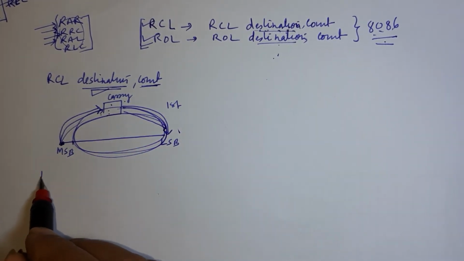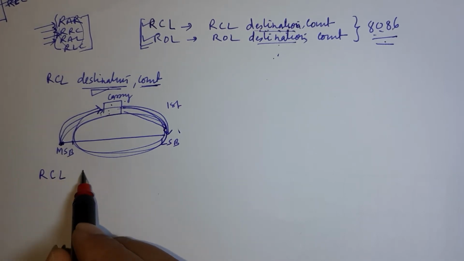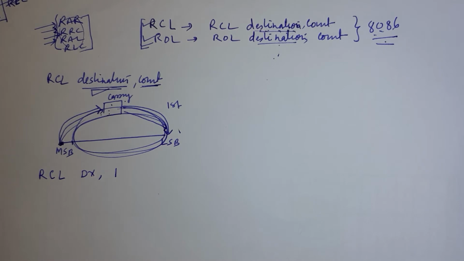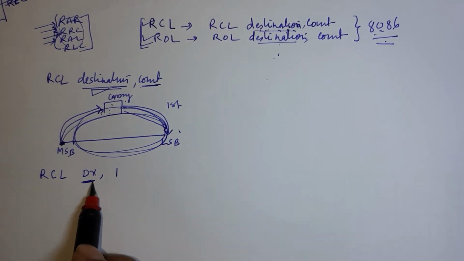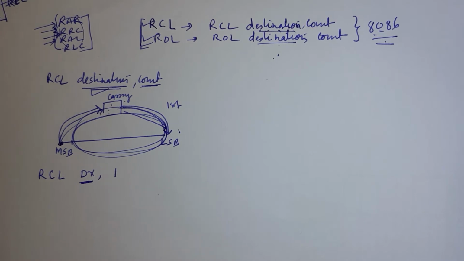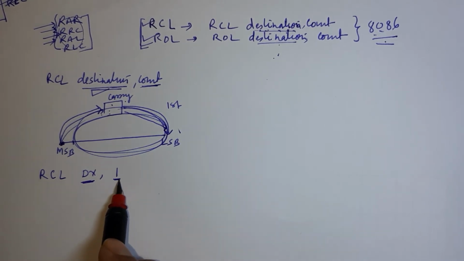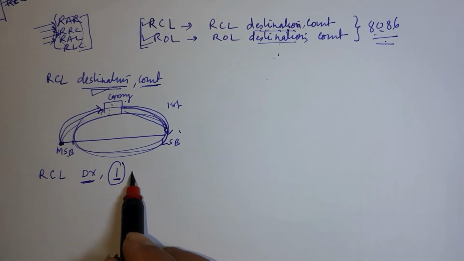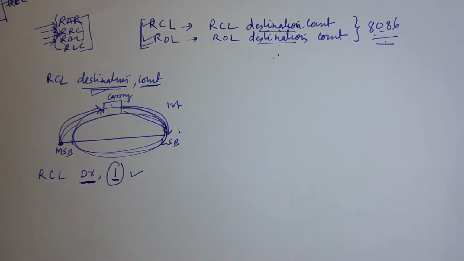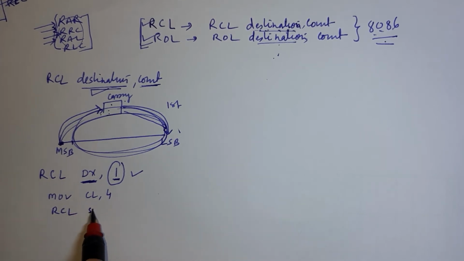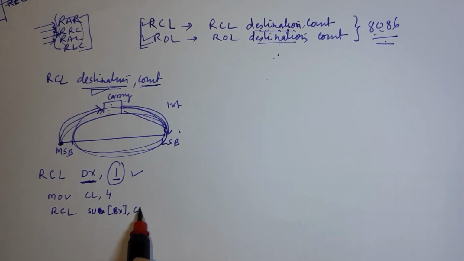Here we can take an example. Suppose I have taken RCL DX, 1. The meaning of this is that the content of DX will rotate left only once, because the value of count is 1. Now taking a second example, suppose MOV CL, 4 and RCL BX, CL.